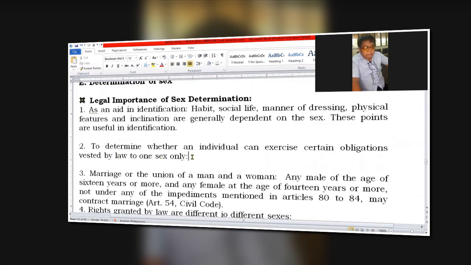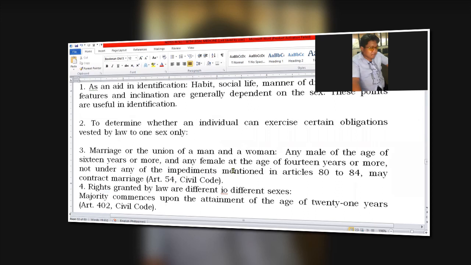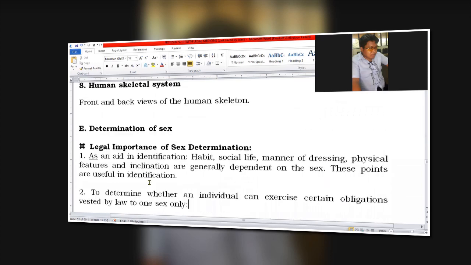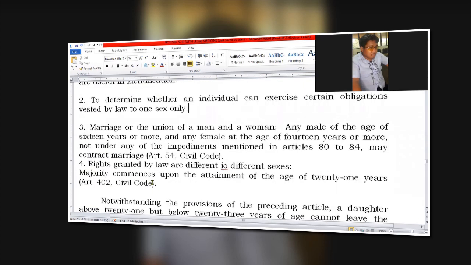Marriage is the union of a man and a woman. Any male of the age of 16 or more, and any female of the age of 14 or more not under any of the impediments mentioned may contract marriage. In marriage, only a man and a woman can be given permission by the government.